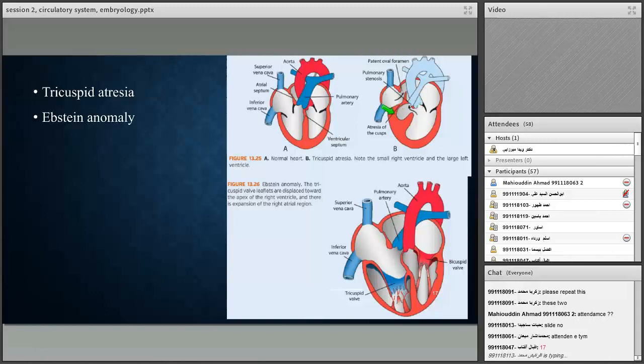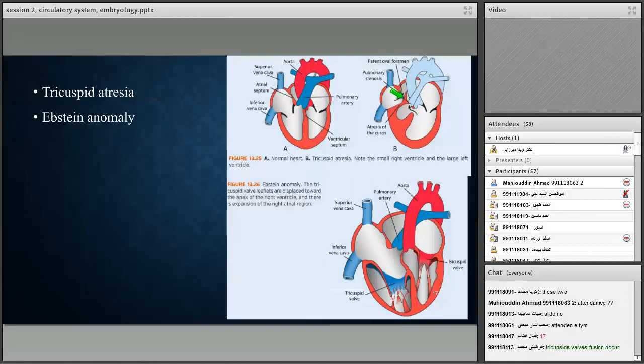So the right ventricle will be hypotrophic, and we don't have the tricuspid valve. The ductus arteriosus will remain open, and also the foramen ovale will remain open.